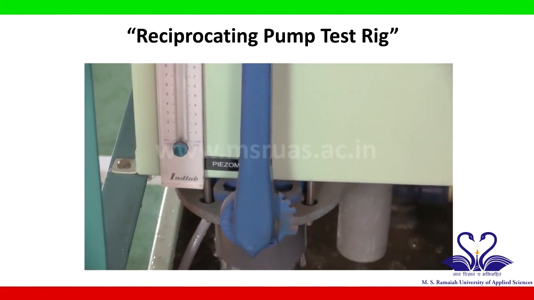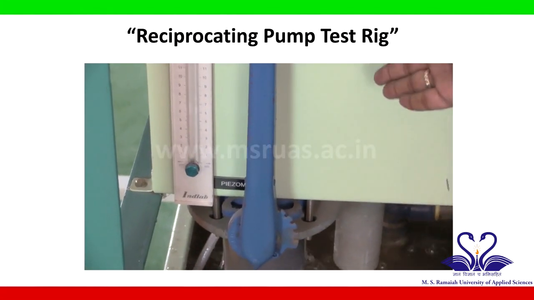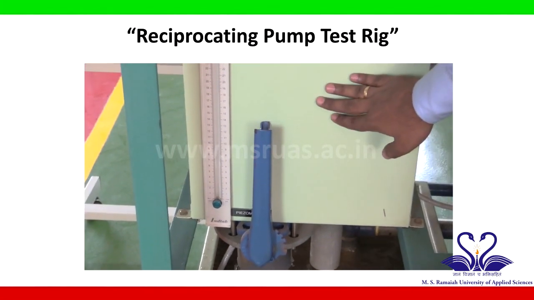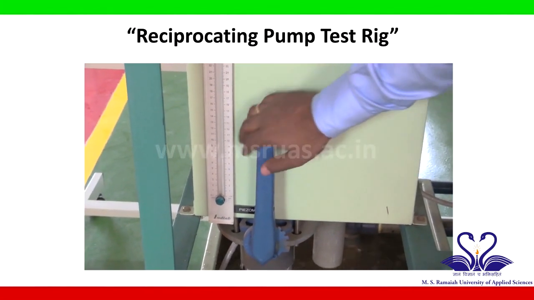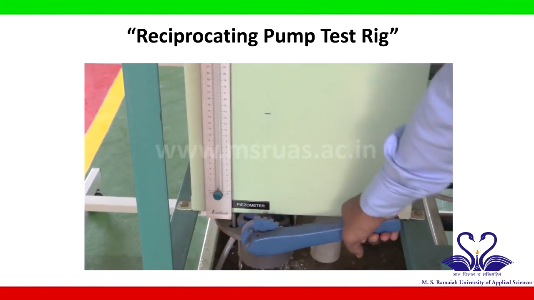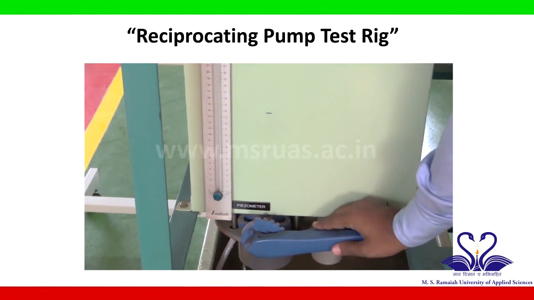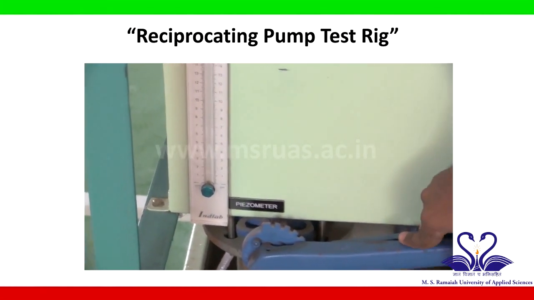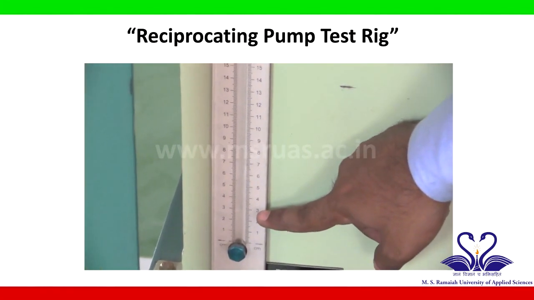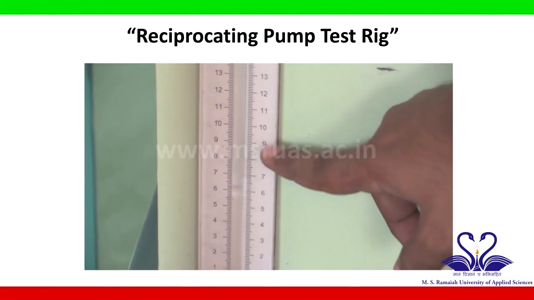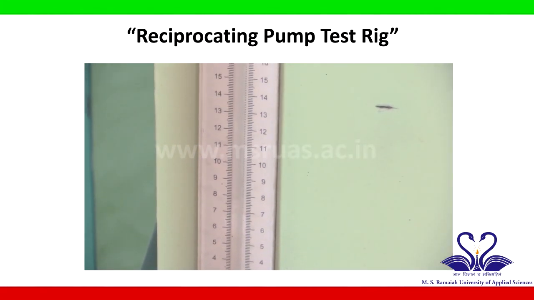In order to calculate the actual discharge of the water flowing through the circuit, we make use of the collecting tank. First, we have to close the butterfly valve completely. After that, we have to note down the time for a certain amount of rise of the water in this piezometer.